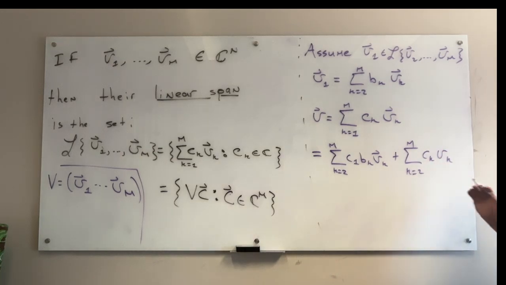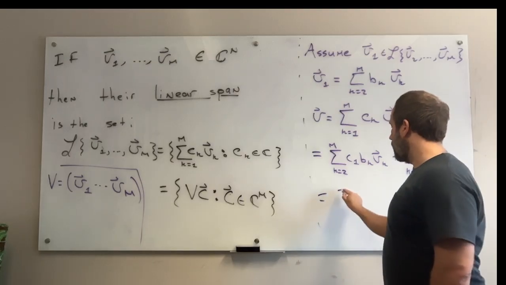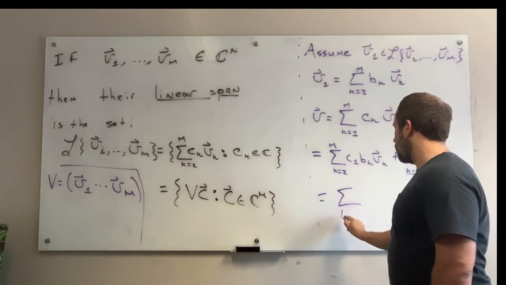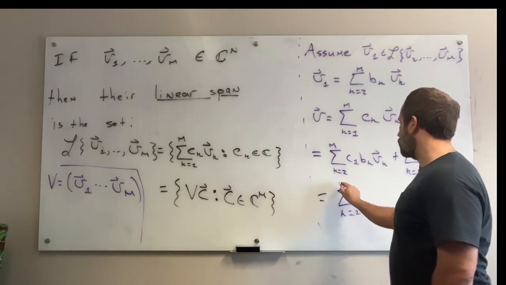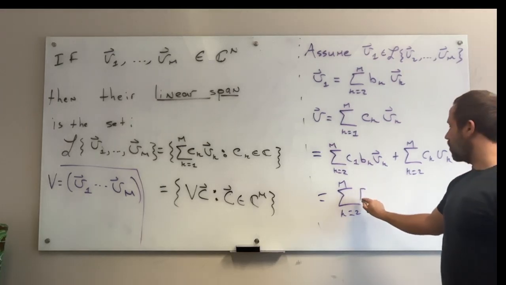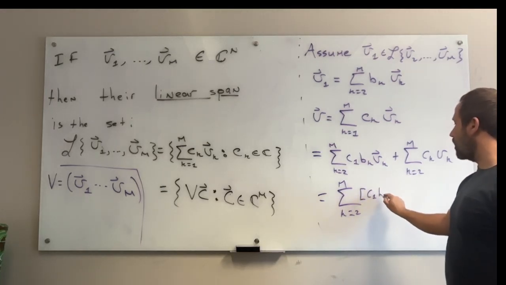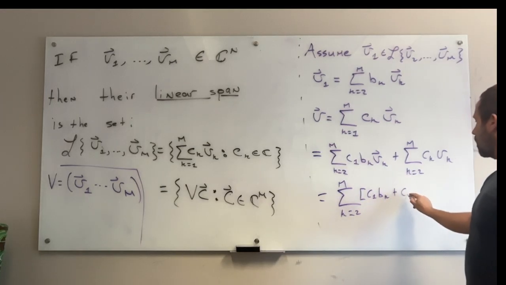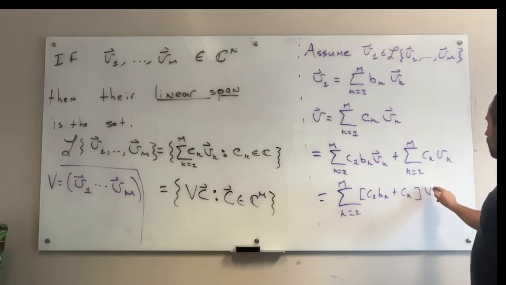But notice I can combine this into one sum, and I have the sum k equals 2 to m of (c1 bk plus ck) vk, like that.